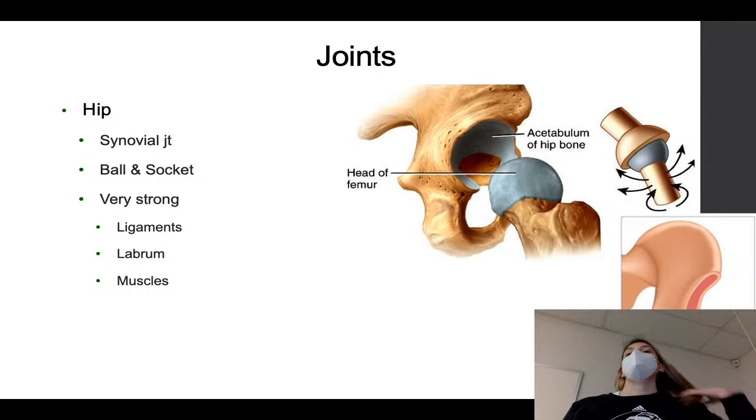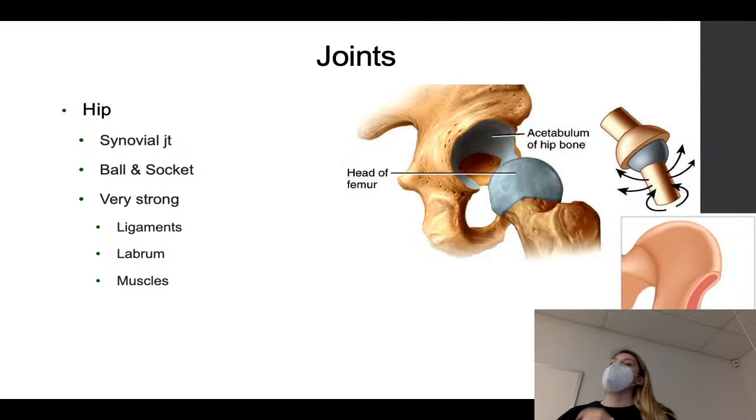So our last joint is going to be the hip. It does have a fancy anatomical name, but it's usually not referred to by that, so we just call it the hip. The hip is the head of the femur to the acetabulum.